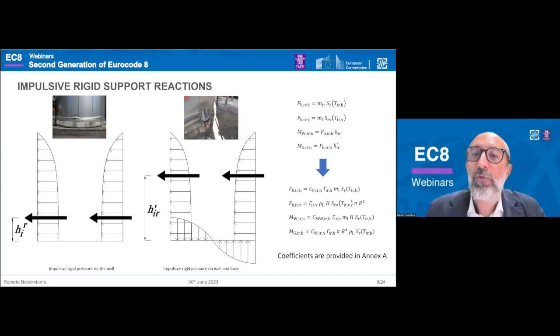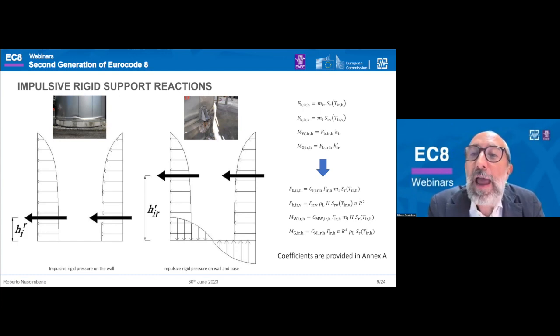But let me start from the capital F equation, that is the maximum impulsive rigid base shear, the first equation on top, and the maximum impulsive rigid vertical reaction force that for sure comes from SR, that is the ordinate of the reduced spectrum in the horizontal direction and in the vertical direction, reduced because it has been used the behavior factor.